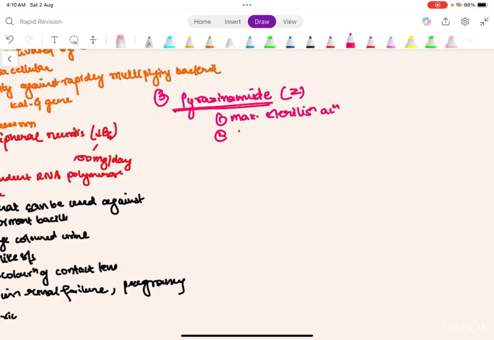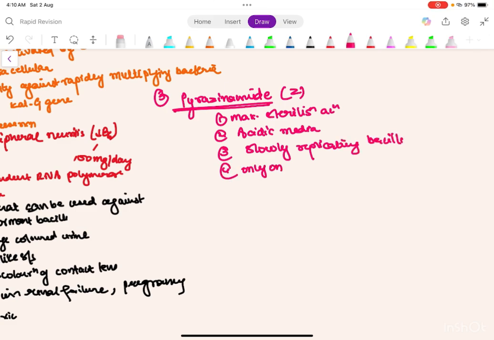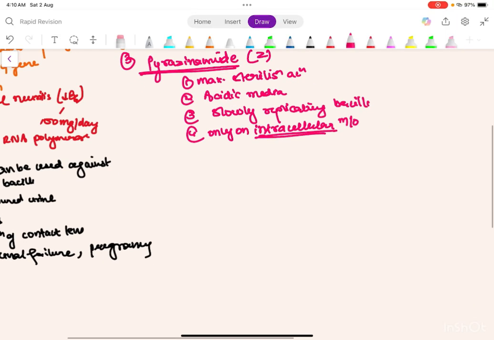It is effective in acidic media, so in inflammation. It acts on slowly replicating bacilli. It acts only on intracellular microorganisms. It also inhibits mycolic acid, and the side effect is that it causes hyperuricemia.